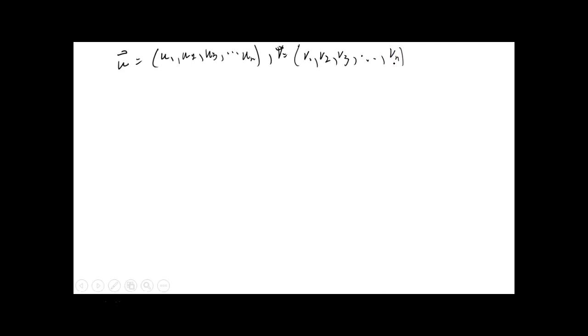These are 2 vectors in R sub n. Why R sub n? They each have n components. If one of them had n and one had m, they're not in the same space, if m is not equal to n. But if they have the same number of components, they're vectors in the same space. And we're going to call that Rn. Okay? c is a real number.